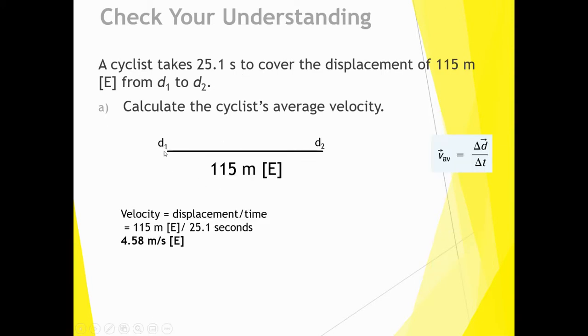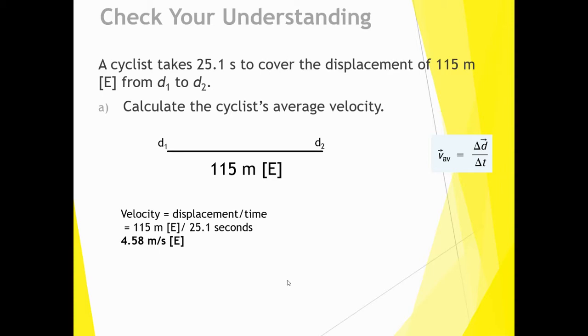So we're going from D1 to D2, 115 meters east. We're going to take that divided by 25.1 seconds, and we should end up with 4.58 meters per second east. I suggest that you always check my math here, make certain that I haven't written down the wrong number or typoed something. And if I have, please let me know.